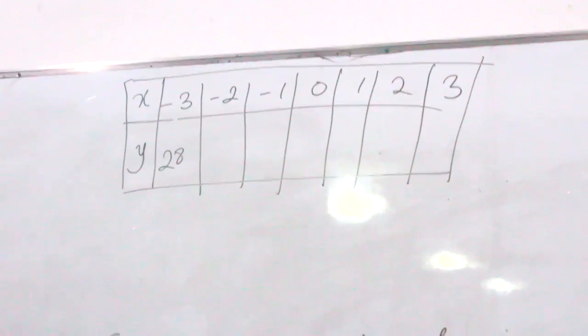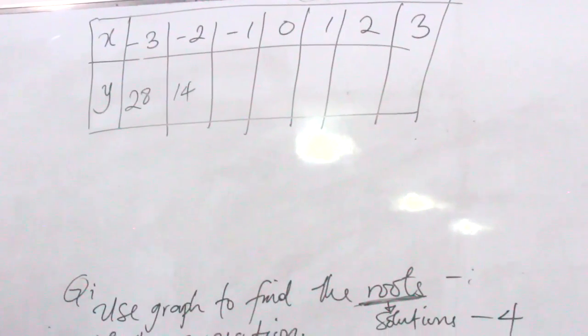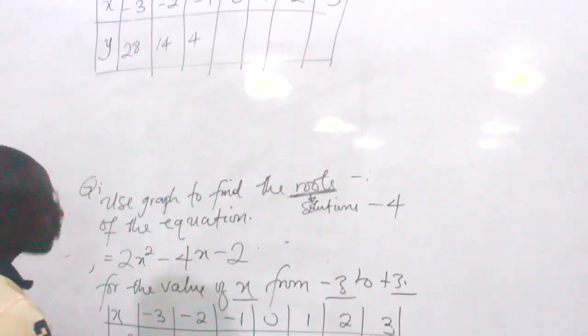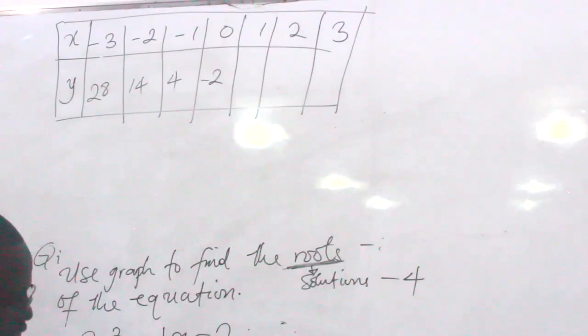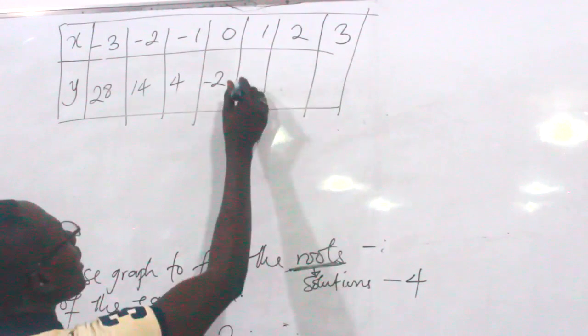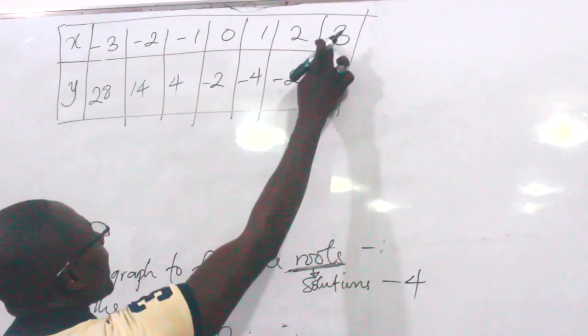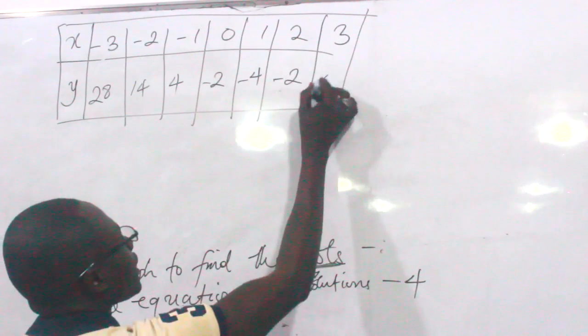When x is minus 2, y is 14. When x is minus 1, y is 4. When x is 0, y is minus 2. When x is 1, y is minus 4. When x is 2, y is minus 2. And when x is 3, y is 4.